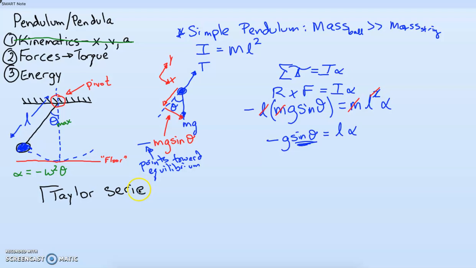Unless he introduced it to you as Maclaurin series, after some other dude named Maclaurin. Now the idea is you can approximate almost any function, and we'll use theta here because we're getting rid of theta. So let's do theta. Approximate any function as a polynomial.